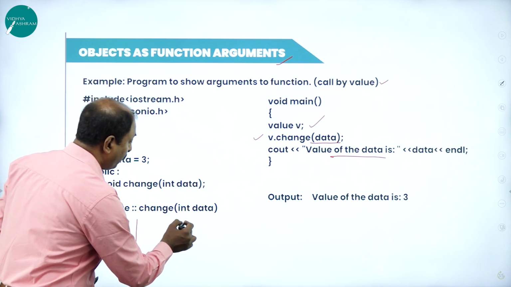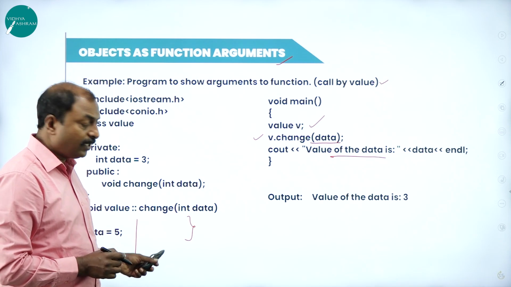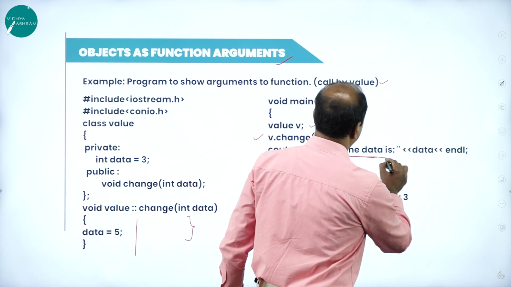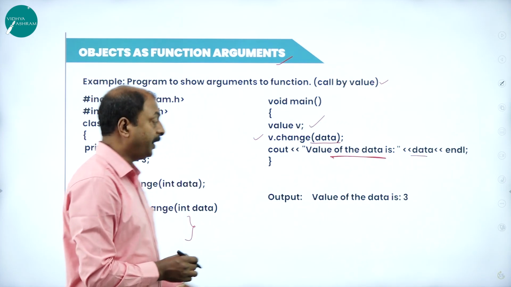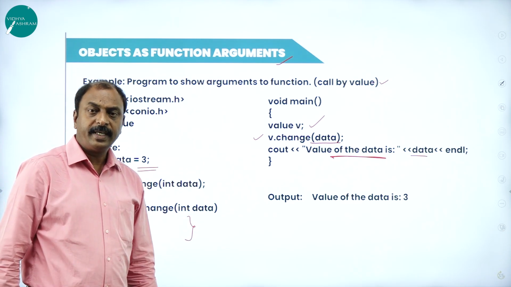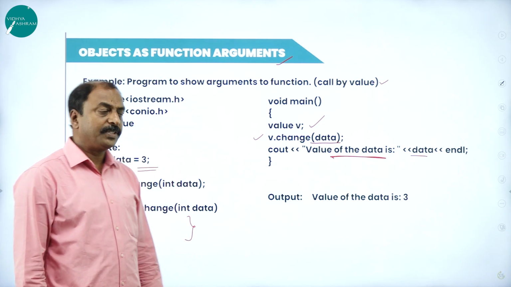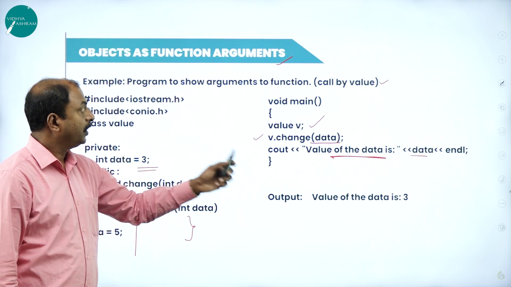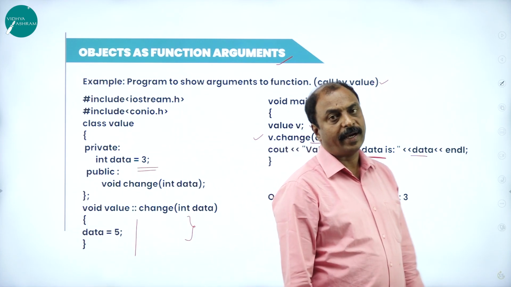So inside the function the value changes from 3 to 5, but when you come out of the function, at this line, the value of the data is data, so it is going to print the original value, that is 3. So this is the call by value method. Here the function works with a copy of the data, so it doesn't have any impact on the original values. So this is an example program to show the call by value method.